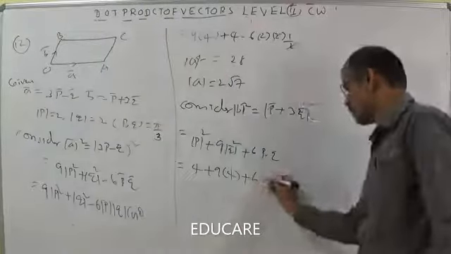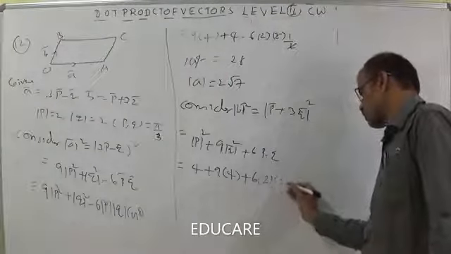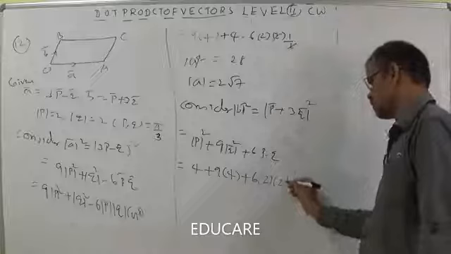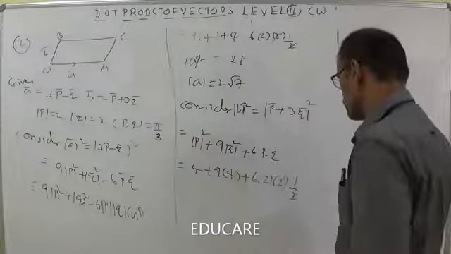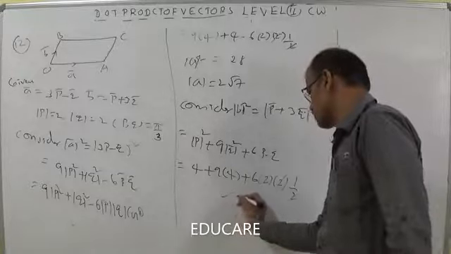The value of mod P is 2, the value of mod Q is 2 and cos theta is equal to 1 by 2. 2, 2 get cancelled. 4, 36, 40, 40 and 12, 52 here.